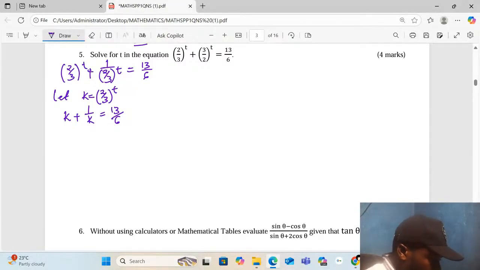Now we multiply and collect like terms where possible, so that we have k squared minus 13 over 6 k plus 1 equals 0.